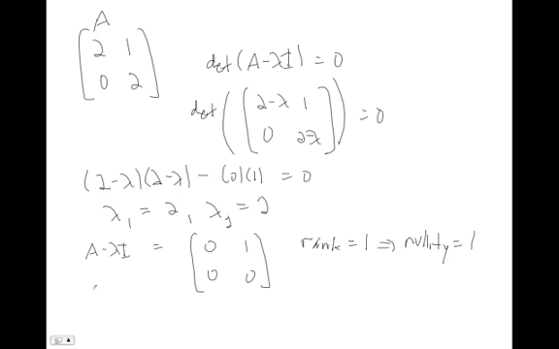And so we can solve for what that is. We can say, okay, if I have this matrix 0, 1, 0, 0, and I multiply it by some vector, v1, v2, like this, it's got to equal the 0 vector. So what are the equations I get? The top equation is 0 times v1 plus 1 times v2 equals 0, so v2 equals 0. The bottom equation is 0 equals 0, and that doesn't tell us anything.